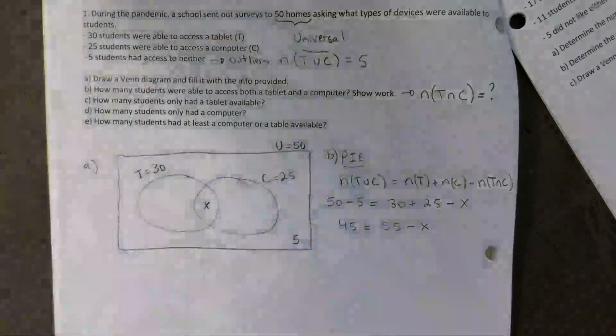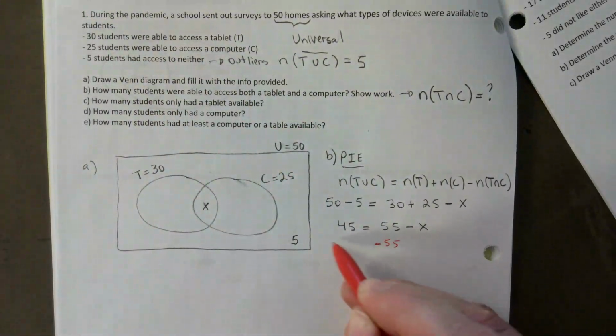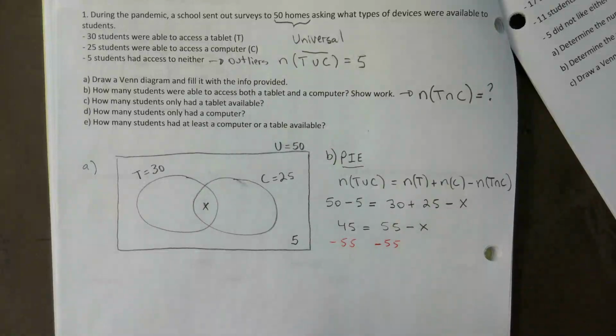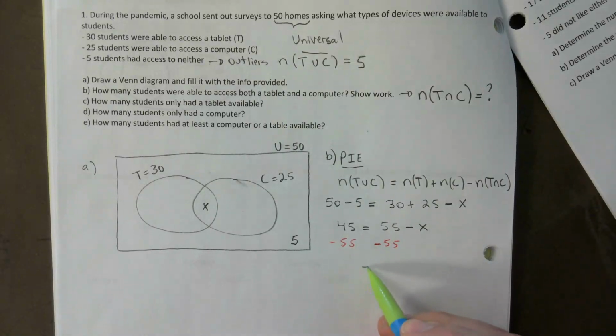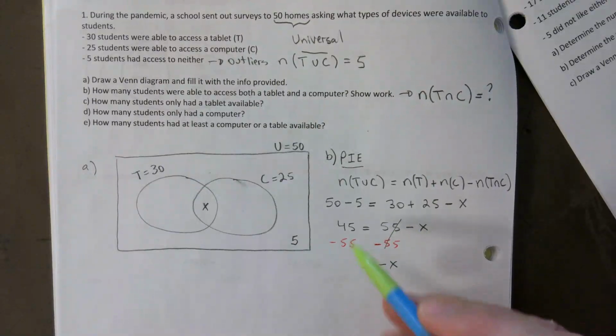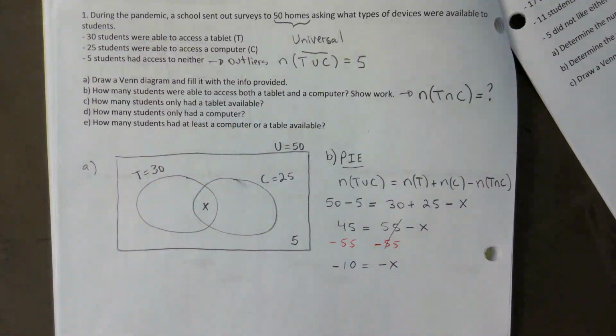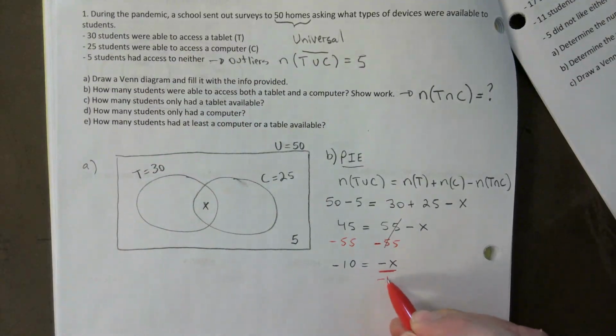I'm going to subtract 55 from both sides. And this cancels out, right? So you end up with negative x. 45 minus 55 is negative 10. And now you just need to divide both sides by negative 1.